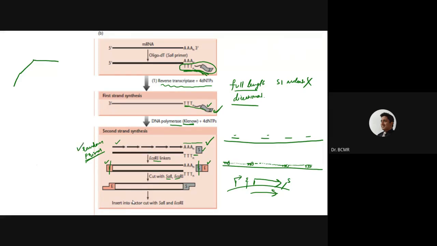Second thing is using a random primer to generate the second cDNA strand. And then the third one is to add the linker. One is already added, Sal1. Now you add the other linker, EcoR1, and then digest and clone.